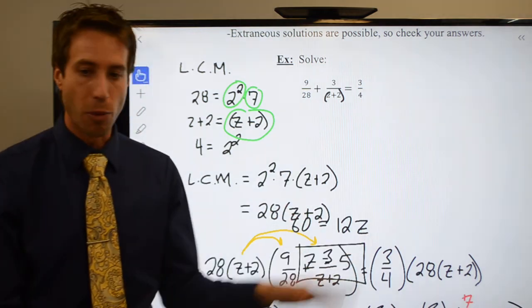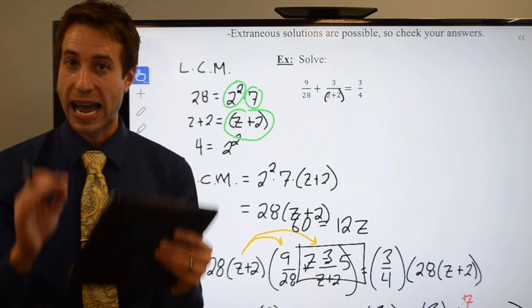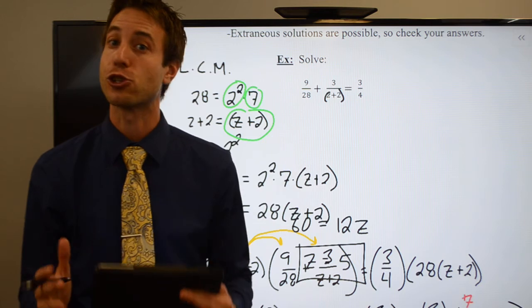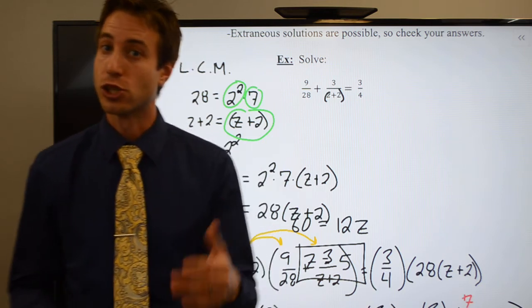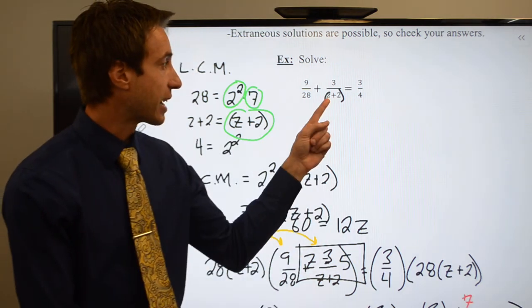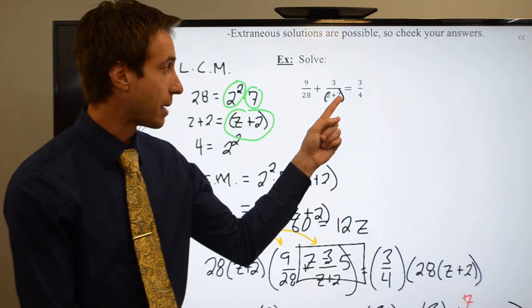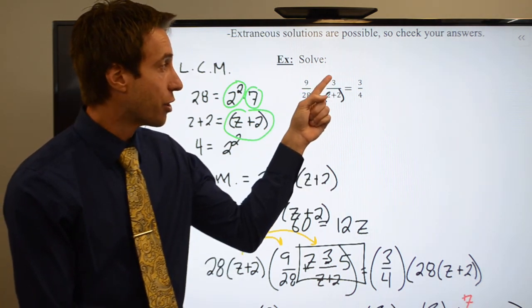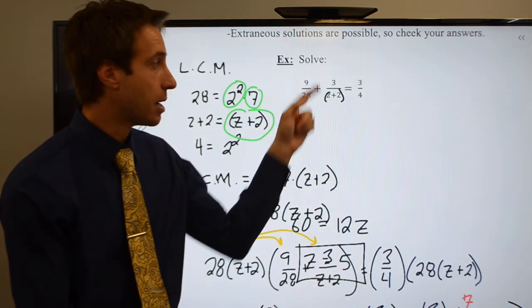Of course, you can go back and check your answer. I absolutely would suggest that you do. In fact, we're going to, because it is possible to get extraneous solutions, so let's check it. If I plug in a 5 here, 5 times 2 is 10, so I wind up with 9 28ths plus 3 tenths.